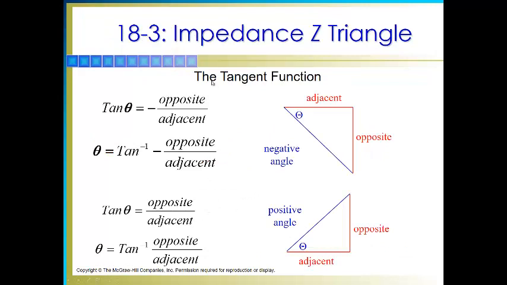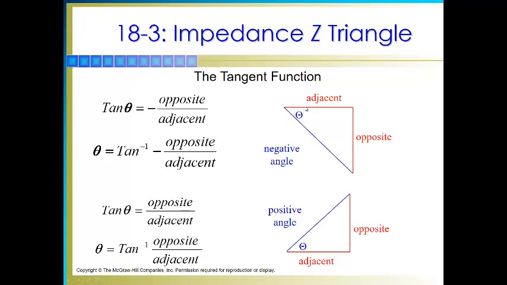Okay, so let's see if we remember some of the trigonometry functions. Tangent trigonometry function, right? So if we have a triangle, an angle here, it's a right triangle because this is a 90 degree angle right here. If this is the angle that we're talking about, to calculate the tangent of this angle, all we have to do is divide the opposite by the adjacent.